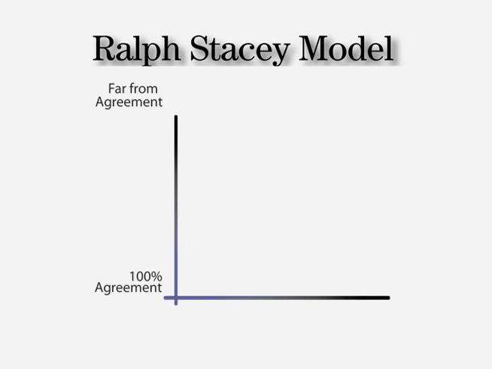The horizontal axis is the level of certainty. If a particular approach was taken or a particular strategy was implemented, the certainty that it will create the kinds of results it's designed to deliver. And 100% certainty is also, of course, at that same point. So at that very point of the intersection of the vertical and horizontal lines is 100% certainty and 100% agreement.